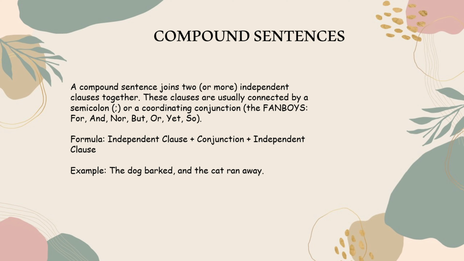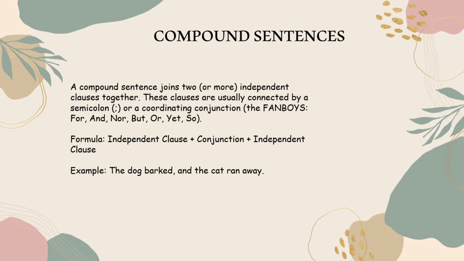Or it can be joined by a coordinating conjunction, which you can remember using the word FANBOYS. F for, A for and, N for nor, B for but, O for or, Y for yet, and S for so. The formula for compound sentences is one independent clause plus a conjunction plus an independent clause.